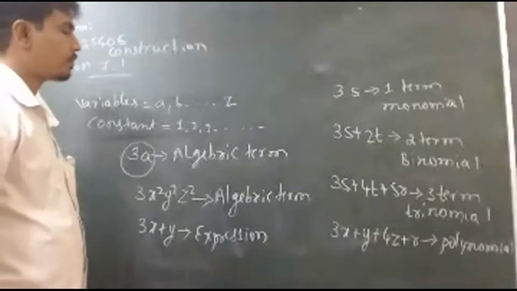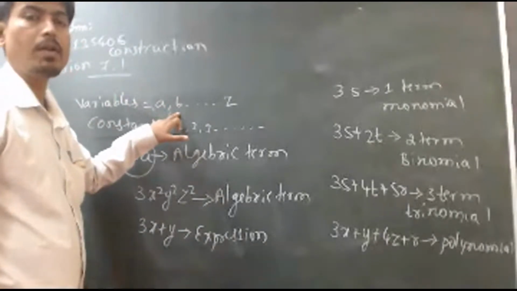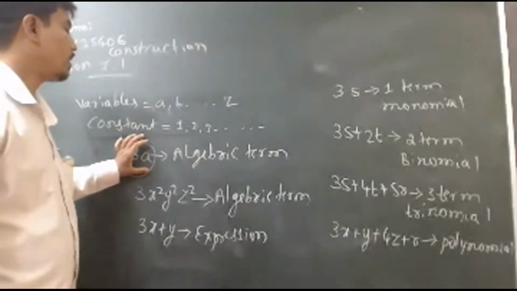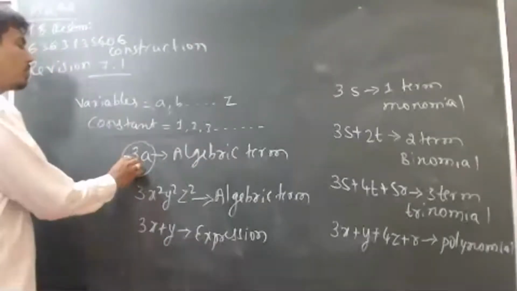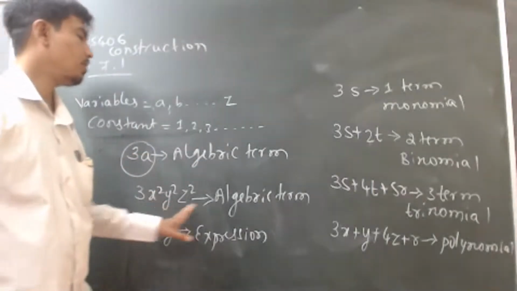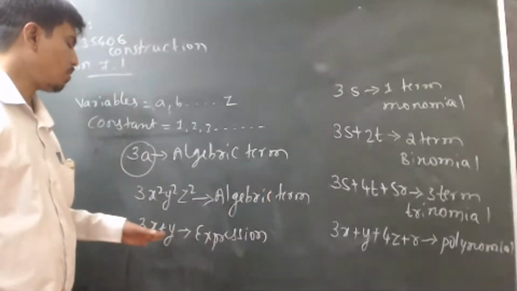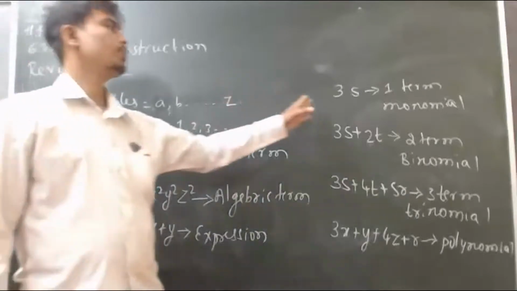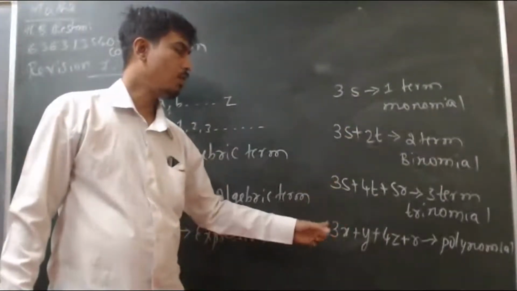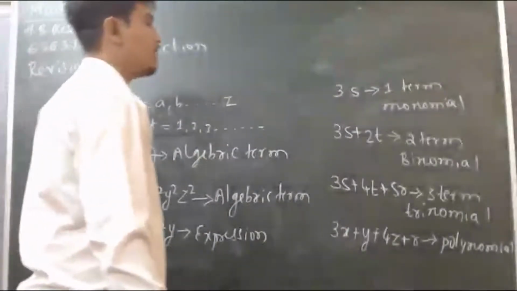So this is the basic information which you are going to study in algebra. Note this down. It starts from variable, and variables are with small letters, not capital letters. If they are attached with a number, it becomes an algebraic term. In this, the number is the constant and A is the variable. If it is with another alphabet also, it is an algebraic term. If it is attached with still more, it becomes an expression, and expressions are monomial, binomial, trinomial, and polynomial. And it should not be written with negative exponents.